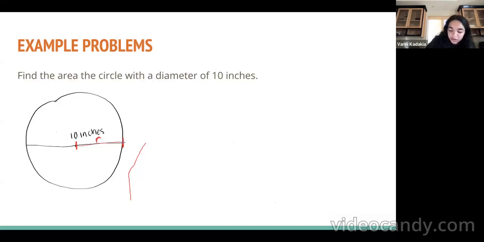So keep in mind that the radius is like a line from the center of the circle to any point on the circle.